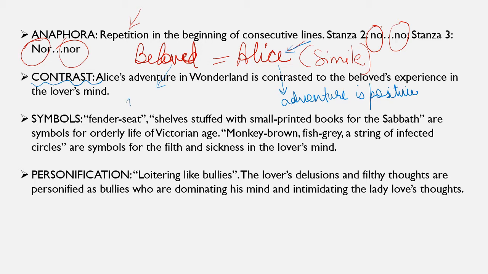Her experience definitely is very negative, and it is heartbreaking also, because the lover asks his beloved to come and visit his mind, just like Alice visited the wonderland. So just as Alice went to roam in Wonderland, the lover tells his beloved to take a tour of his mind, walk around here, and then the experience that she would have would definitely not be a very pleasing experience.